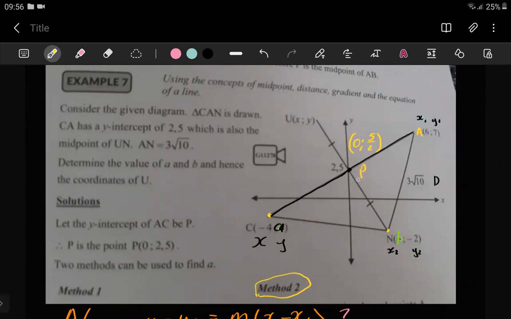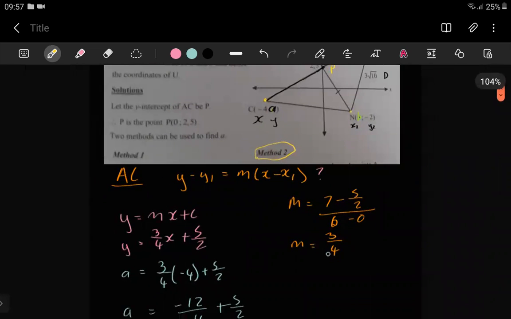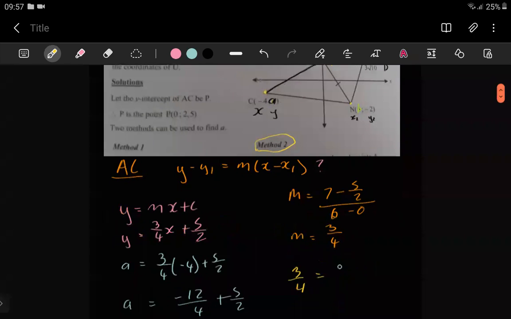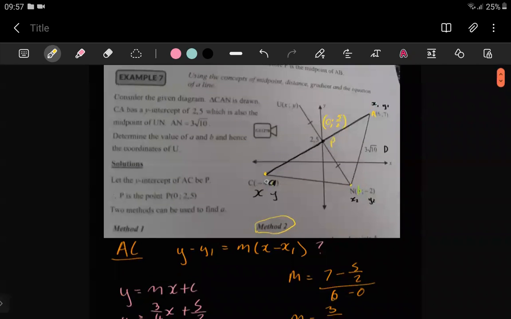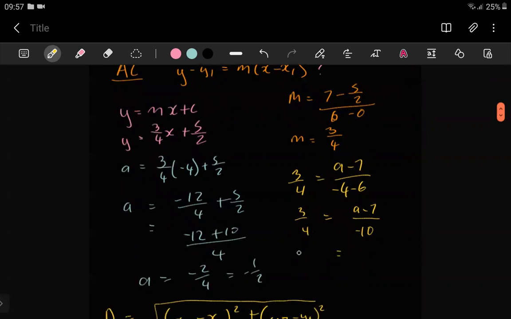Oh yeah, you can use the gradient formula to get C. Because you already know that the gradient is 3/4, you could use A and C. So you can say A minus 7 over -4 minus 6, which is -10. Then cross multiply: -30 equals 4 times A minus 7, which is 4A minus 28.